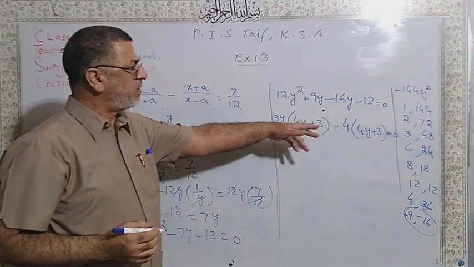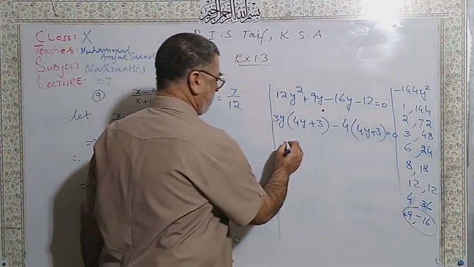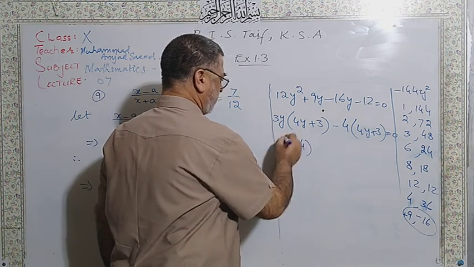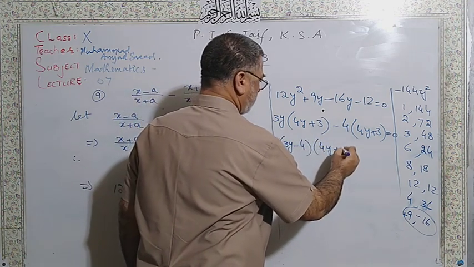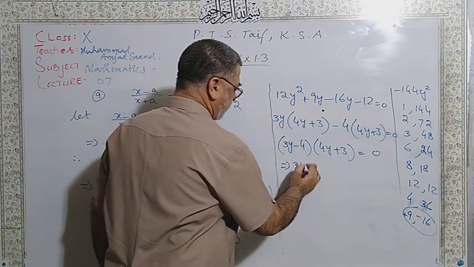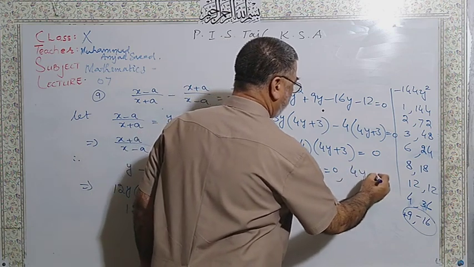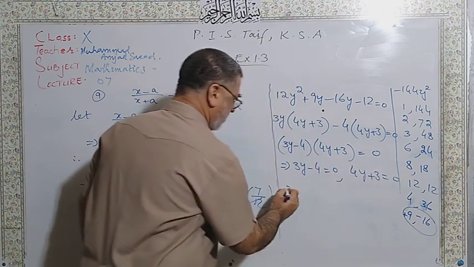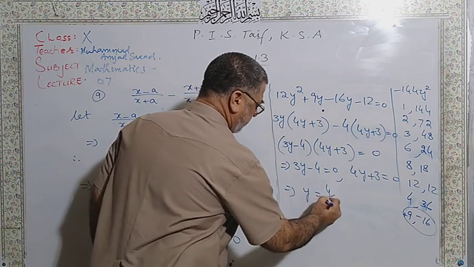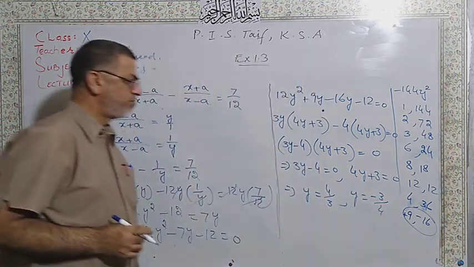You are taking minus 4 common, so that's why there is a change of sign inside. Here is (3y minus 4) into (4y plus 3) equal to 0. Implies that 3y minus 4 is equal to 0 and 4y plus 3 is equal to 0. Implies that y is equal to 4 over 3 and y is equal to minus 3 over 4.